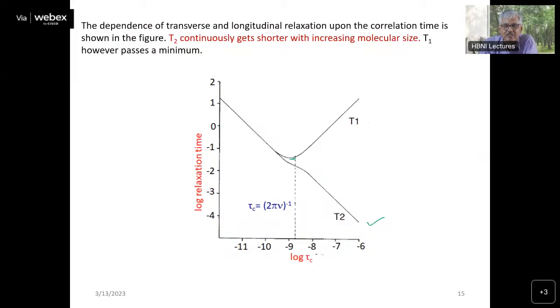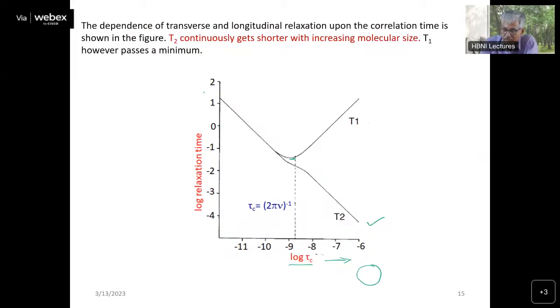Correlation time is nothing but how much time it takes to rotate by 1 radian, or to move a distance of 1 diameter. So if log Tc is increasing, that means the molecular size is increasing.